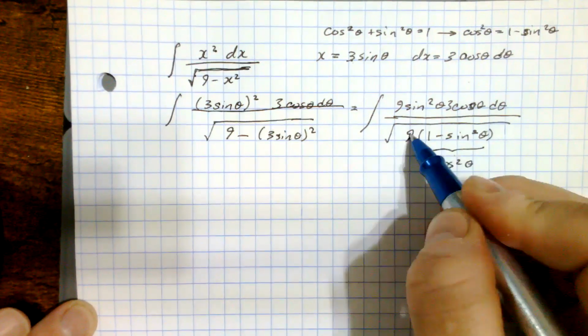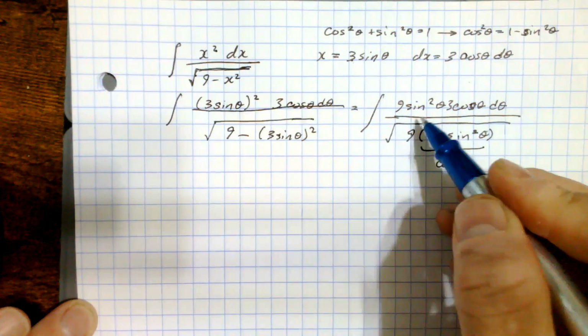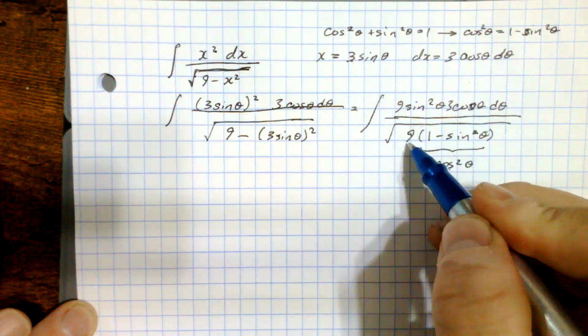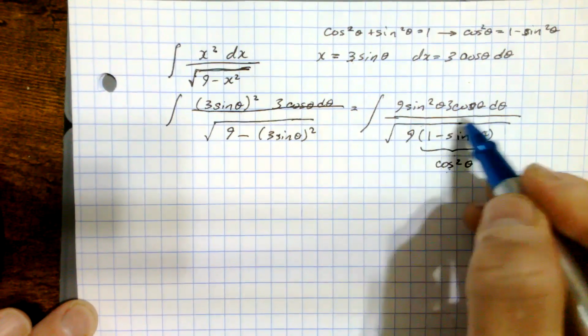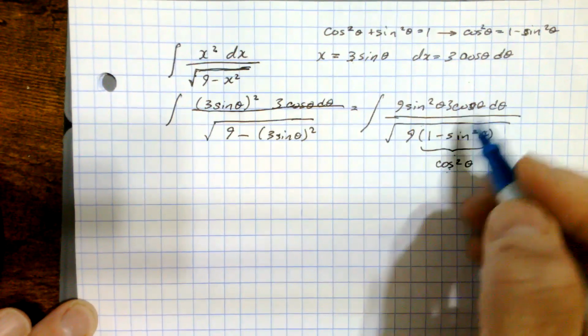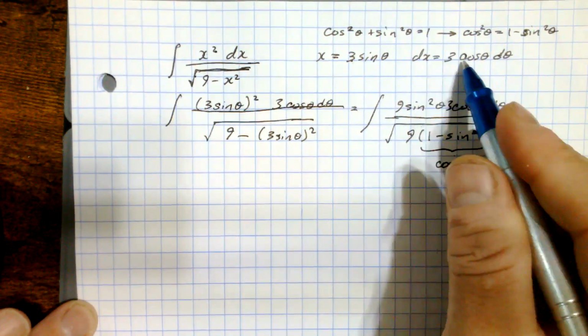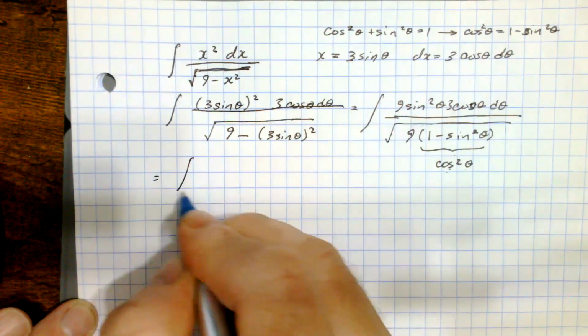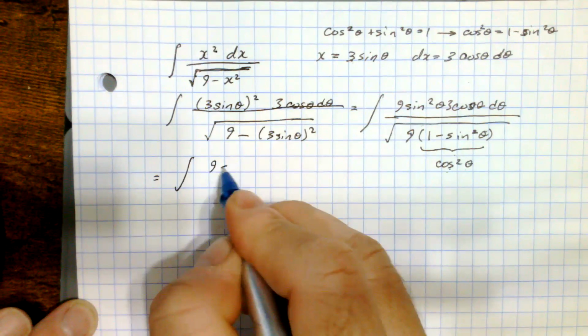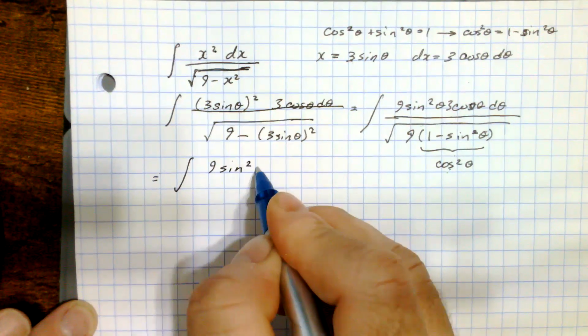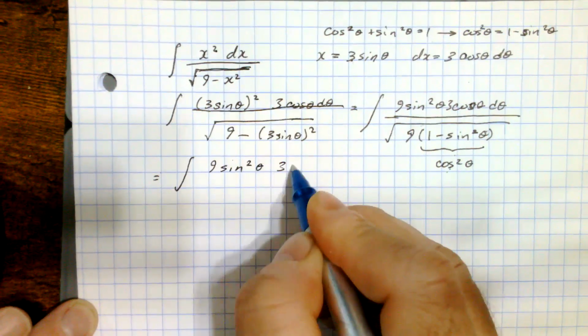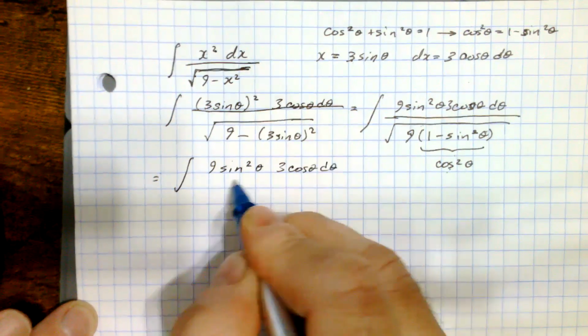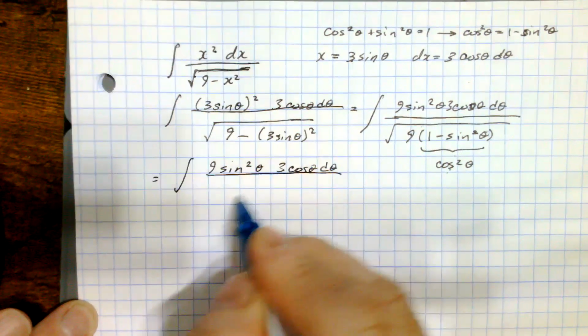And so I have 9 cosine squared theta under a square root. When I take the square root of these, this is going to give me a 3 cosine theta. So it's going to cancel out nicely with that part of the dx from here. I didn't know what part was going to cancel, but I knew something nice should happen if we made our choice for our substitution cleverly.